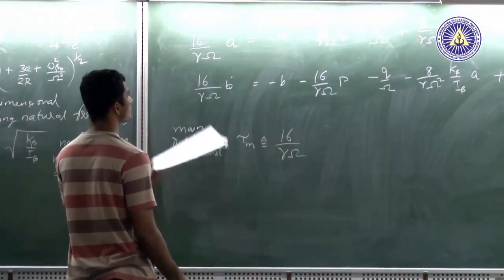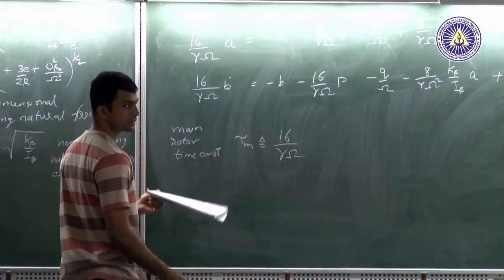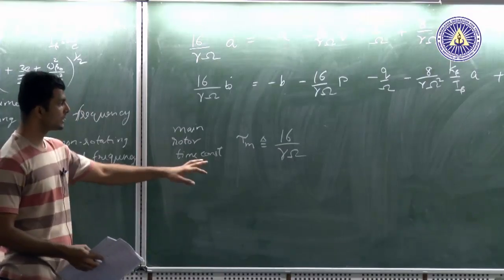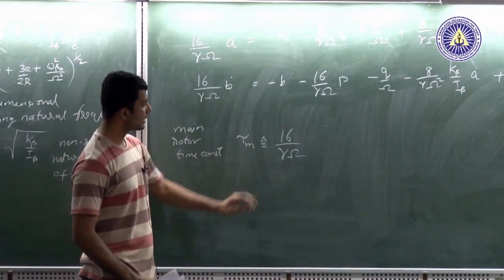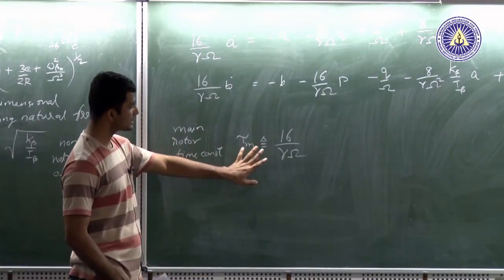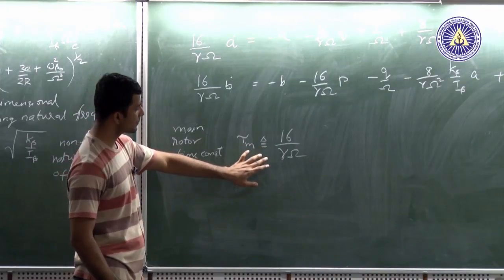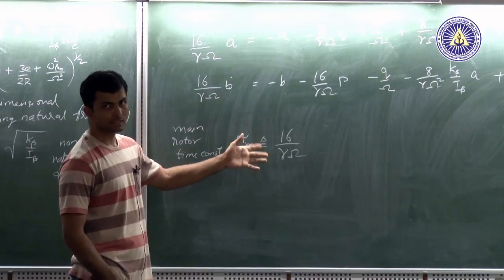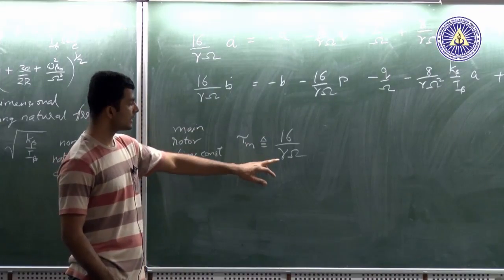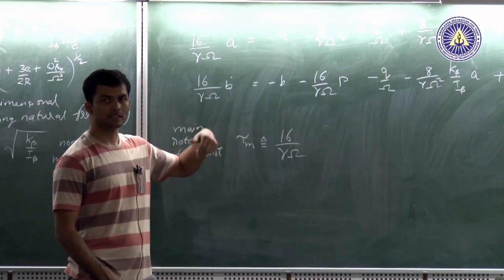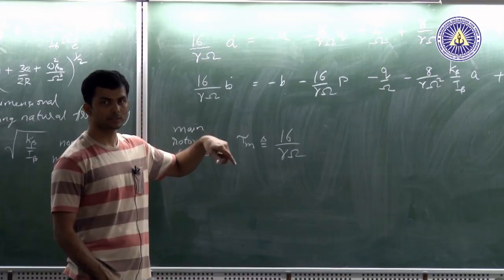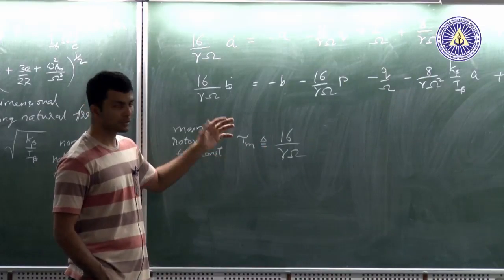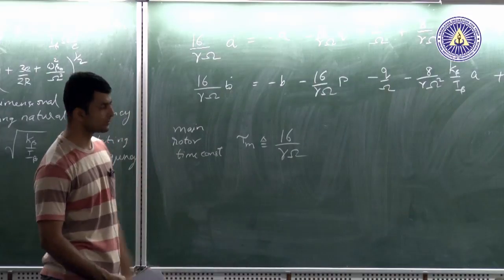This is a first order ODE, and the time constant associated with it is 16 by gamma omega. Again, gamma is coming here. So it says that if you have a helicopter with a large gamma, your time constant is much lesser. And also if you rotate the rotor at a higher angular velocity, the time constant of the rotor comes down.